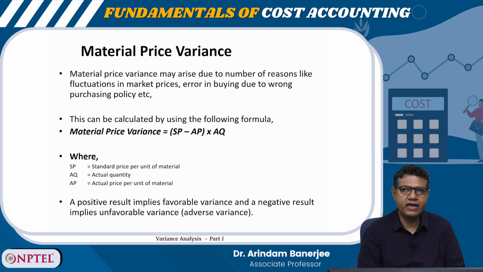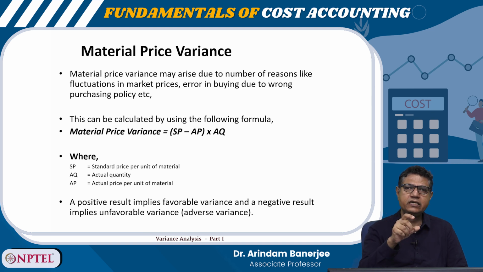So material price variance may arise due to a number of reasons like fluctuations in market prices, error in buying due to wrong purchasing policy, etc. This can be calculated as SP, standard price, minus AP, actual price, into actual quantity. So it will give me the material price variance.